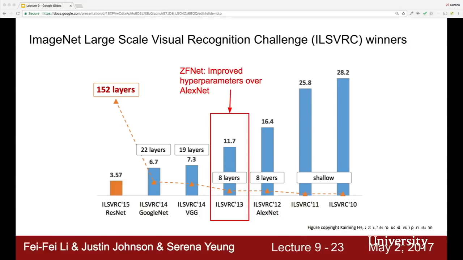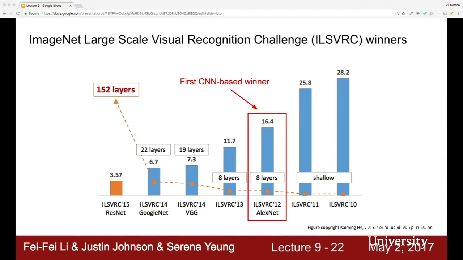Just quickly, first, in 2013, the ImageNet Challenge was won by something called ZFNet. Yeah, there's a question. The question is about the intuition for why AlexNet was so much better than the ones that came before. Deep learning, ConvNets, this is just a very different kind of approach in architecture, right? This was the first deep learning-based approach, the first ConvNet that was used.